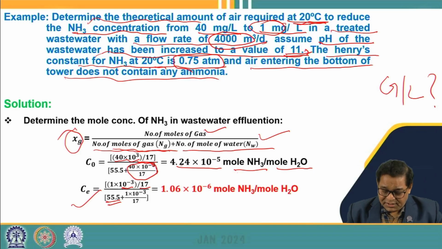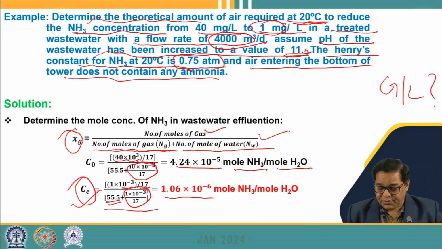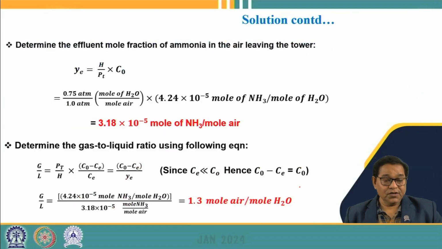So that is 55.5 plus the number of moles of ammonia, the total number of moles of water plus ammonia. Now if we calculate, the value of C comes equal to 1.06 into 10 raised to the power minus 6 moles of ammonia per mole of H2O.